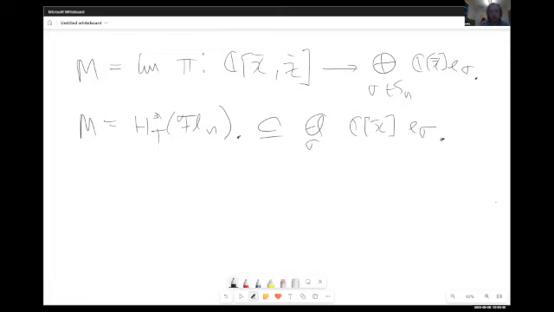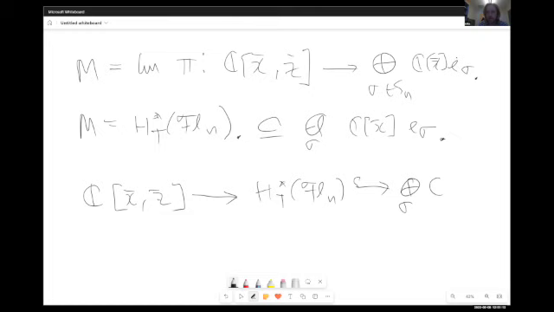in order to describe this, what I'll give you is there's an action. So there's a map from C of xz into HT star of the flag variety. And this then maps into the direct sum of C of x times E sigma.